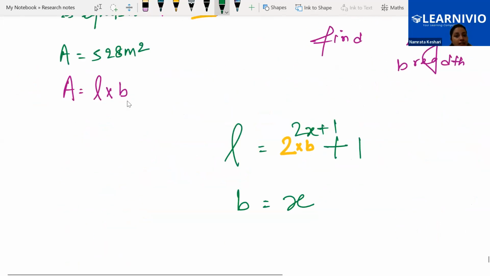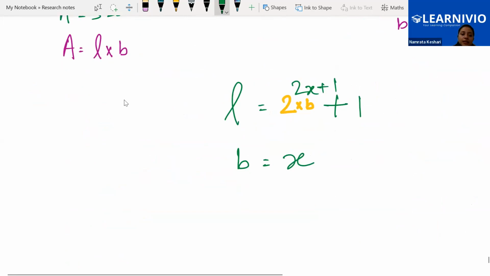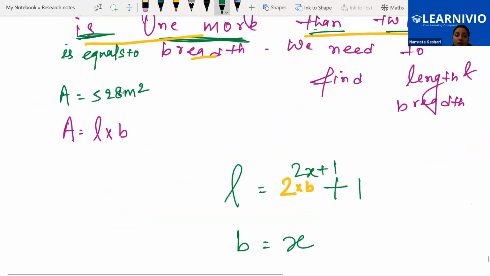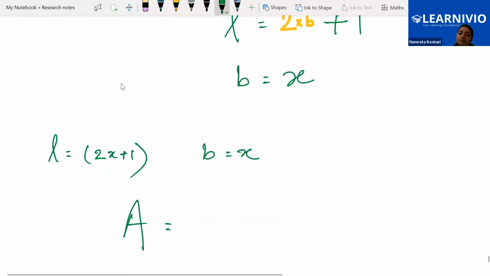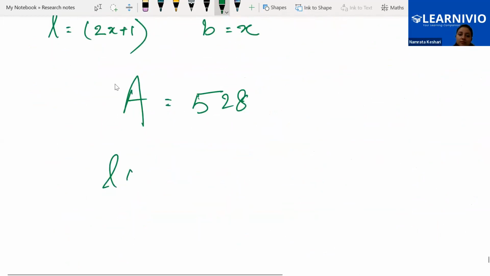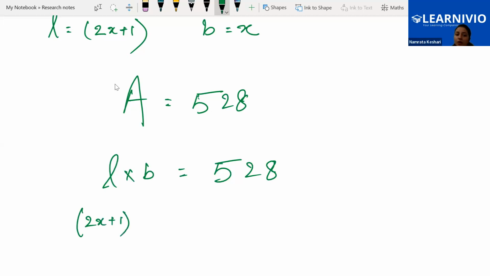Area is given as 528 meter square. So in place of area we write the formula length into breadth equals 528. Our length is 2x plus 1 according to our assumption, and breadth is only x, equal to 528.